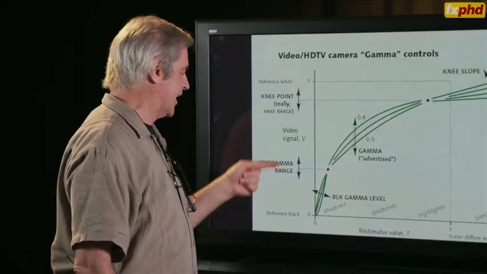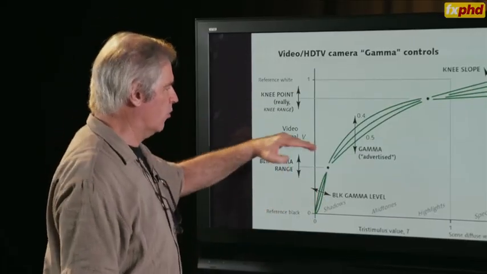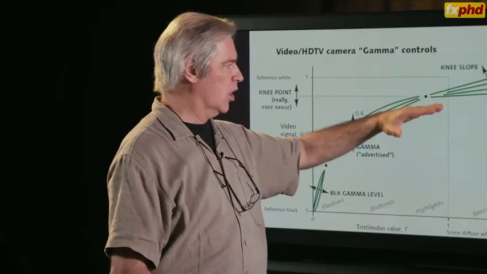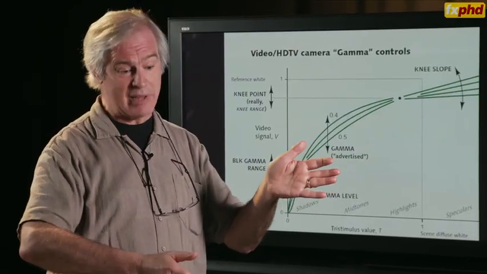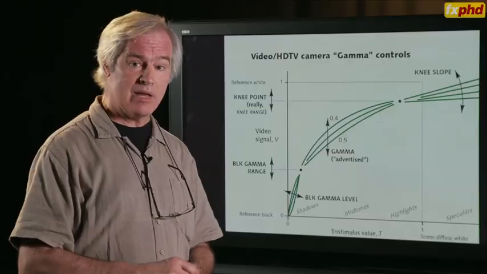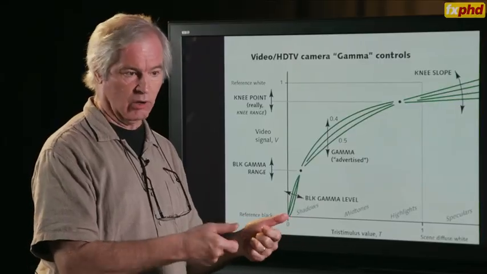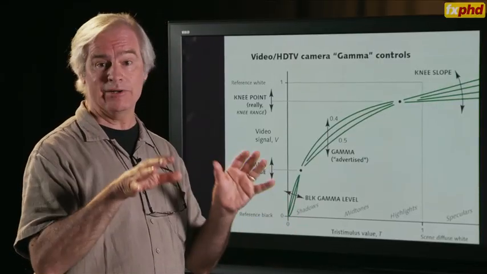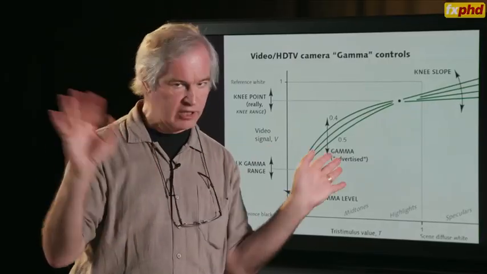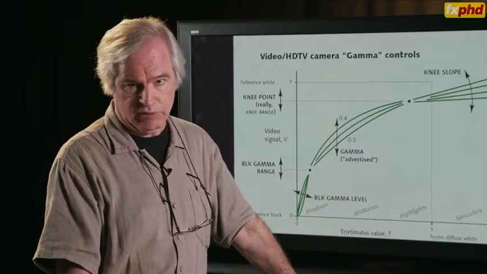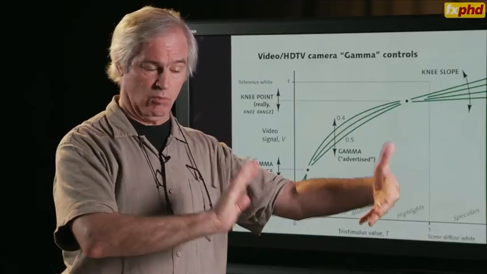And a black gamma range knob and a black gamma level knob and a knee point knob and a knee slope knob and an iris control, which controls overall exposure, and maybe a pedestal control, and maybe blue and red gains in addition to overall camera gains. So there are about 8 or 10 knobs, which in an HD production are completely fair game for the cinematographer or videographer to wing to achieve the effect that they want.